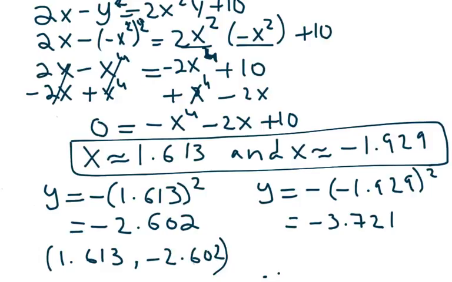And for the second point, it would be (negative 1.929, negative 3.721). So finally, we have found the 2 points where the tangent line is vertical. That's all.